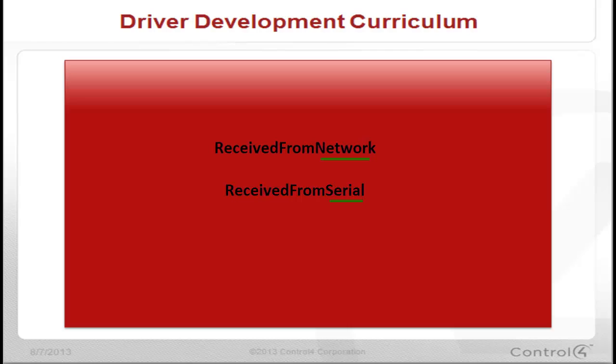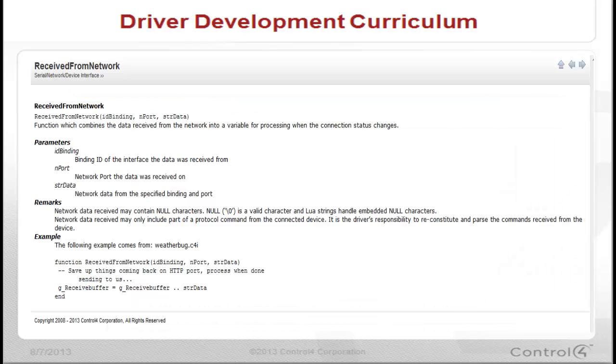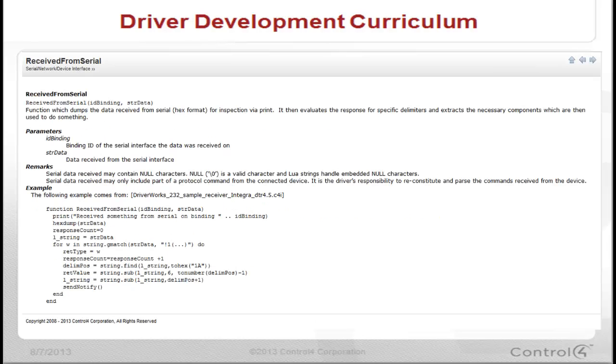For example, we have the API calls ReceivedFromNetwork and ReceivedFromSerial. ReceivedFromNetwork traps data strings sent from devices that are controlled through TCP/IP connection, and ReceivedFromSerial traps strings from serially controlled devices.